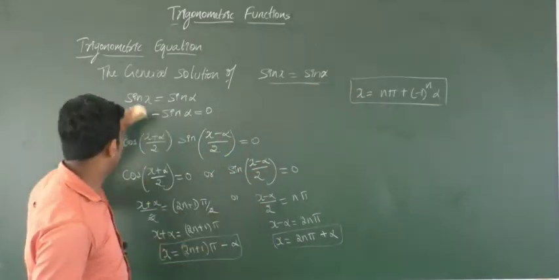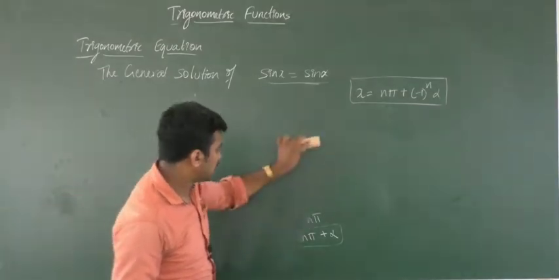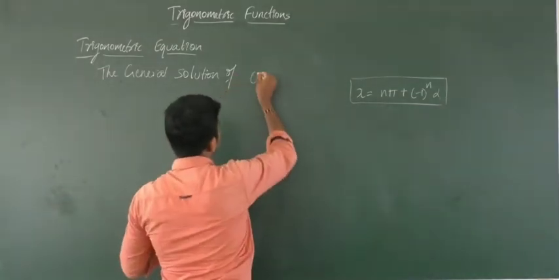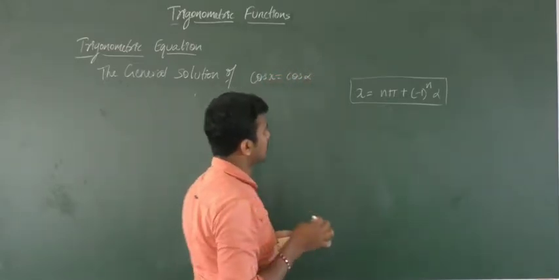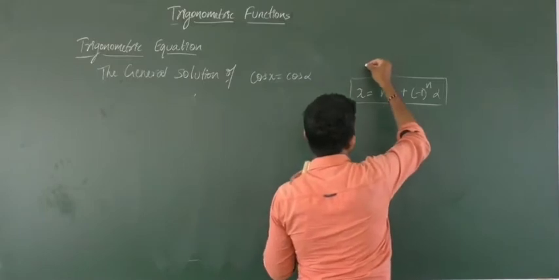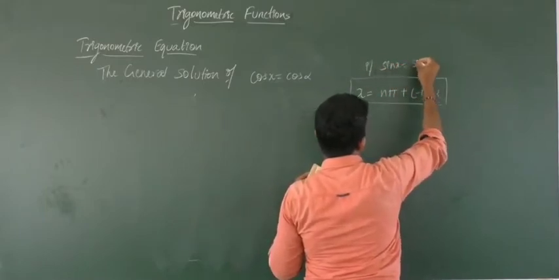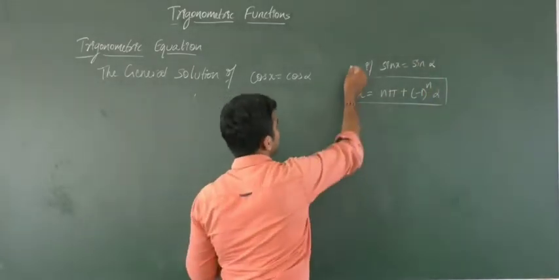Now, similarly, we will see the next trigonometric equation, that is cos x is equal to cos alpha. When sin x is equal to sin alpha, we get this solution. The first case is over.